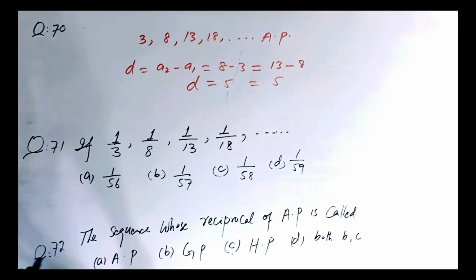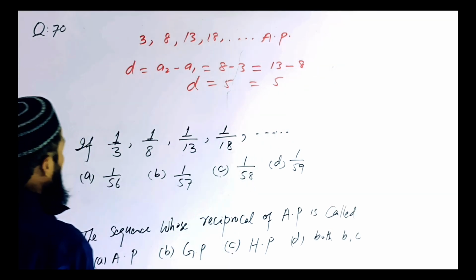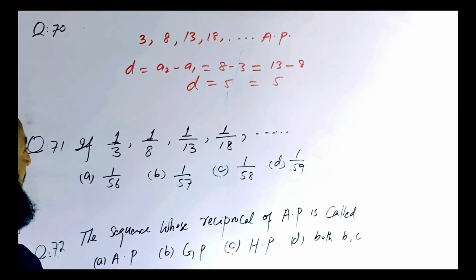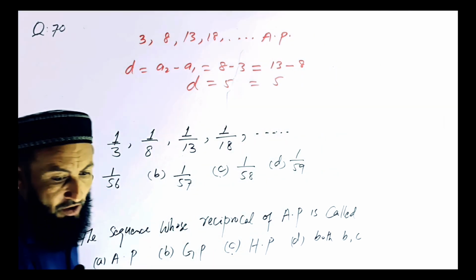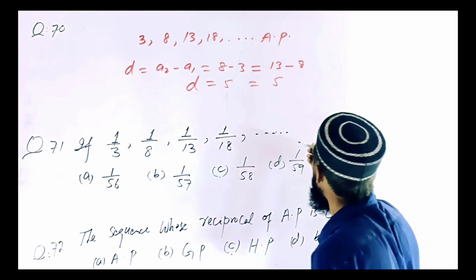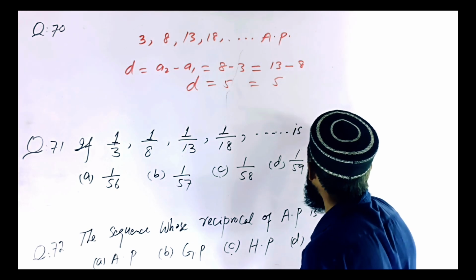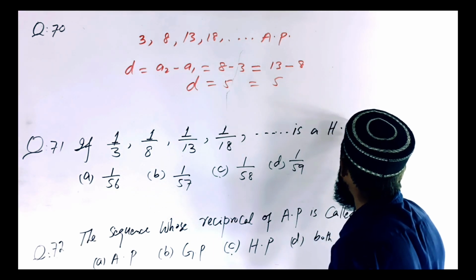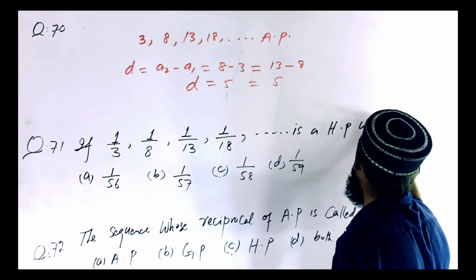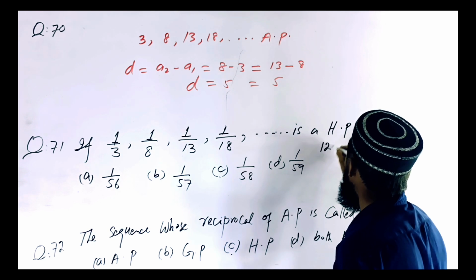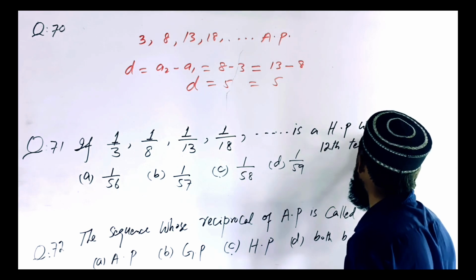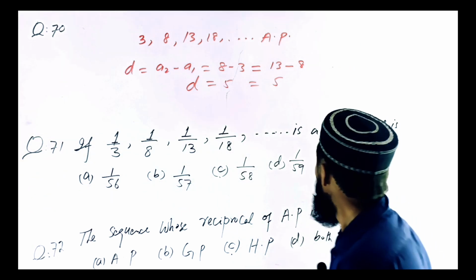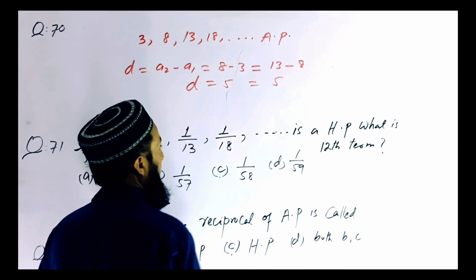In the arithmetic series we have the next term. What is the result here? The question is asking from a harmonic progression: what is the 12th term? The 12th term is required.